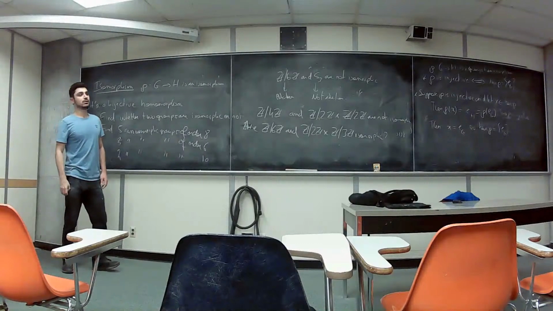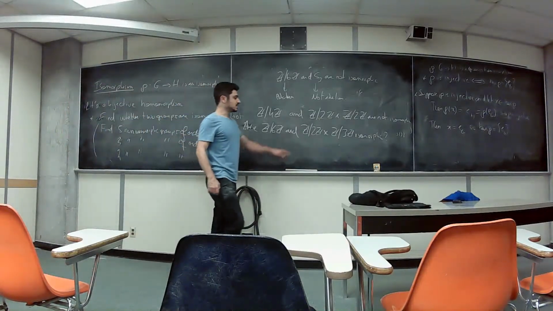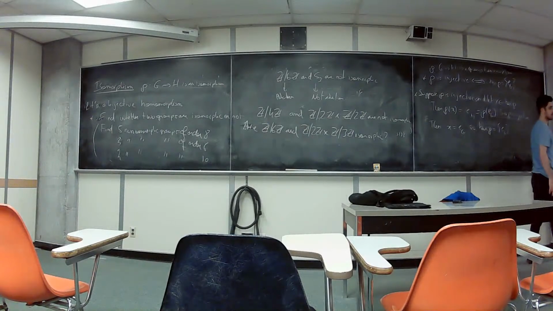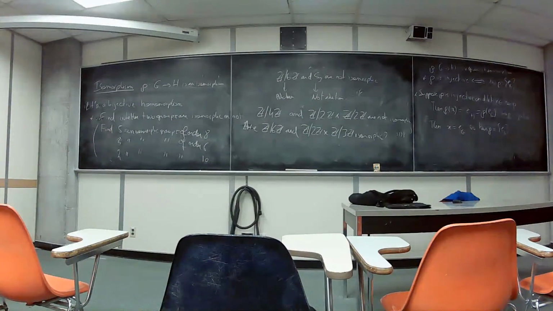What does the Chinese remainder theorem say? It says that Zm cross Zn is a cyclic group of order mn if and only if m and n are relatively prime. Remember this? So these are isomorphic.